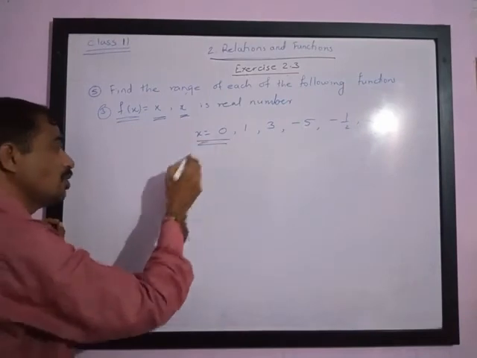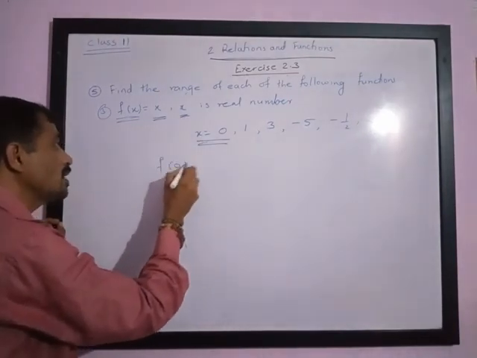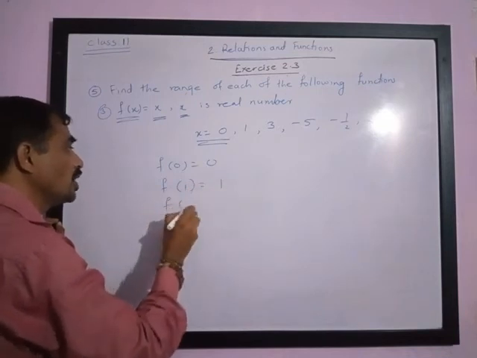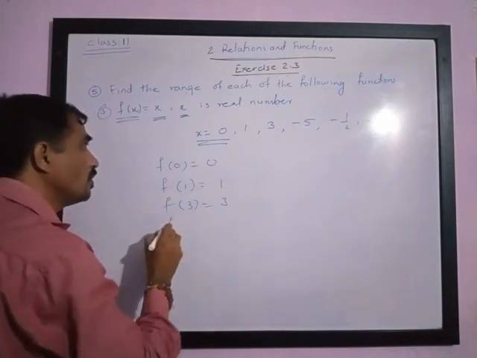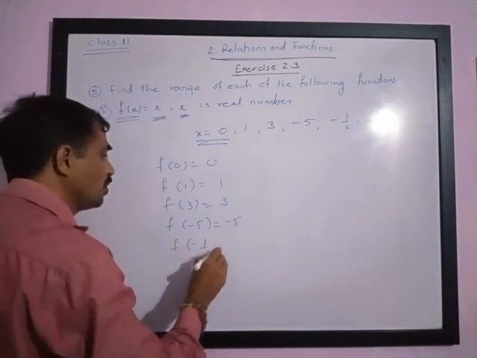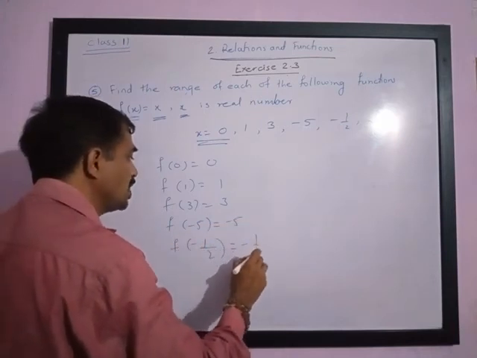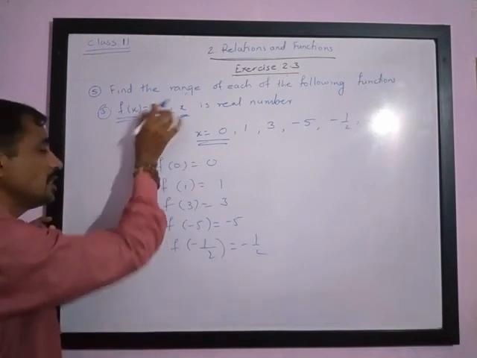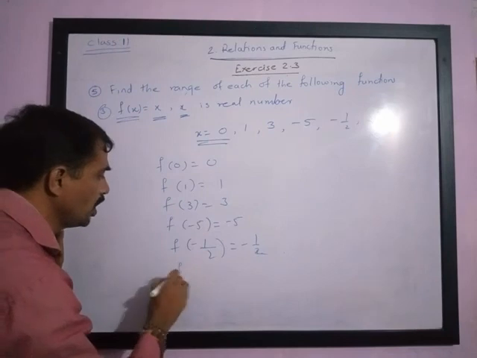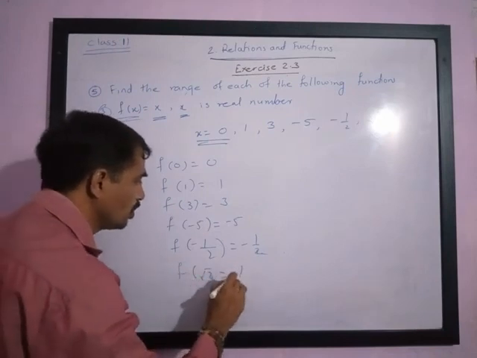So if x is equal to 0, f of x will also be 0. F of 1 is equal to 1, f of 3 is equal to 3, f of negative 5 is equal to negative 5, f of negative half is equal to negative half. Since we are given f of x is equal to x, the same value will be there for f of x. F of root 3 will be equal to root 3.